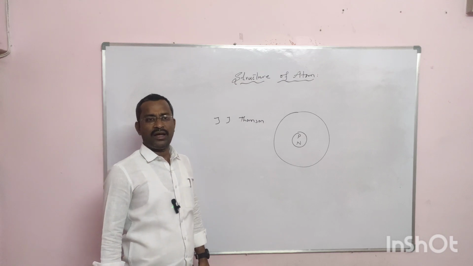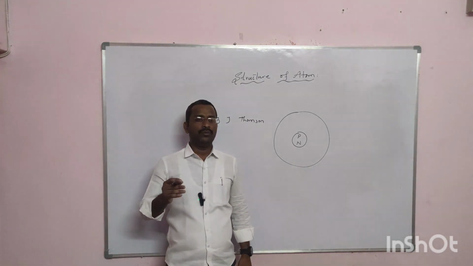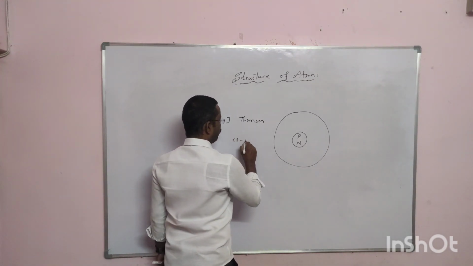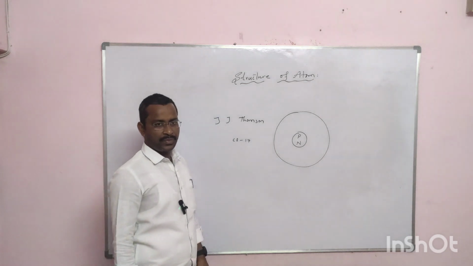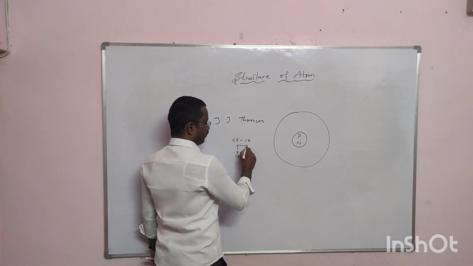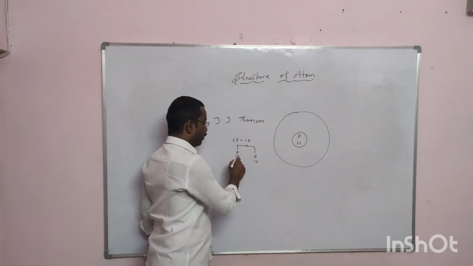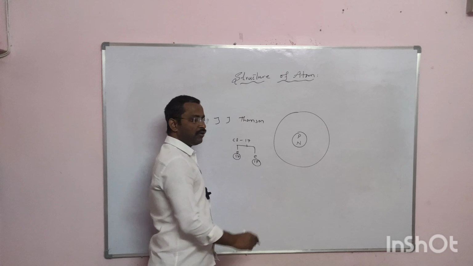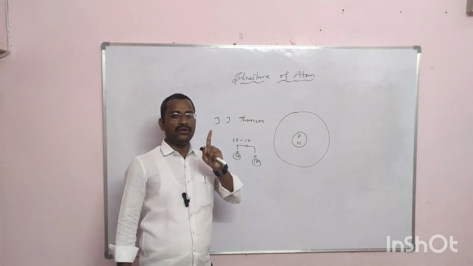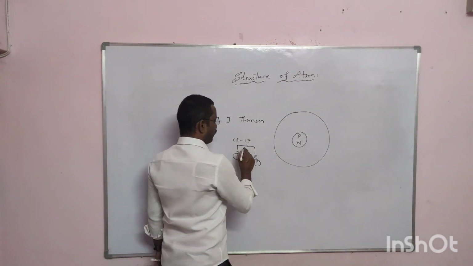The condition is that charge-wise the atom is neutral. For example, chlorine has atomic number 17. That 17 indicates the number of protons is 17, and the number of electrons is also 17. So the number of positive charges is equal to the number of negative charges, and charge-wise the atom is neutral. Now let's see Cl minus.